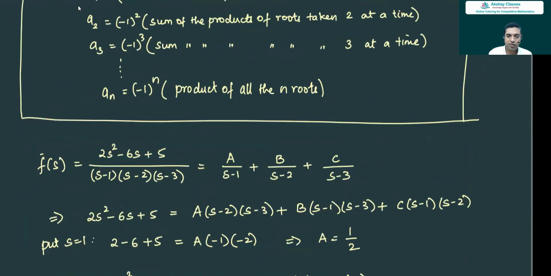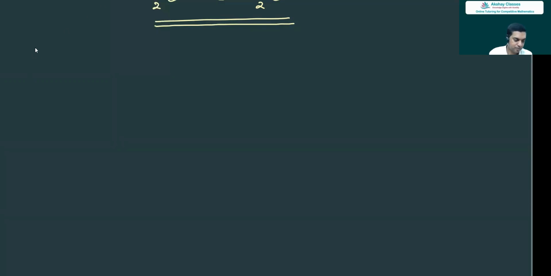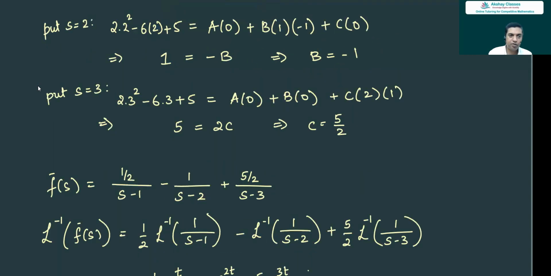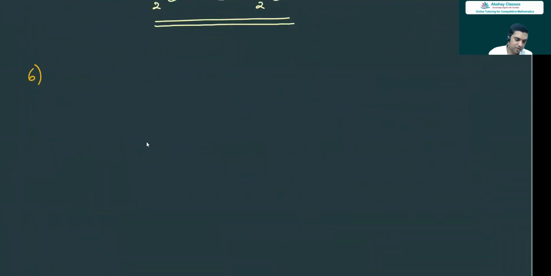That's all. Next. I am purposely taking time and doing this because we get a lot of problems on inverse transforms, and more than direct forward Laplace transform, we get questions on inverse transforms.